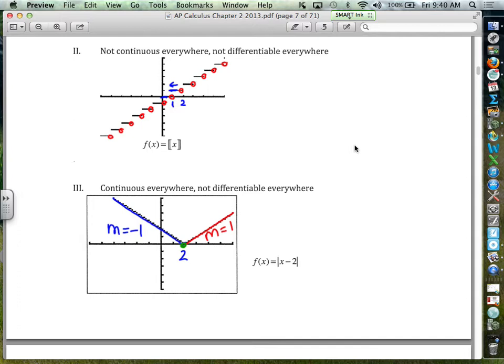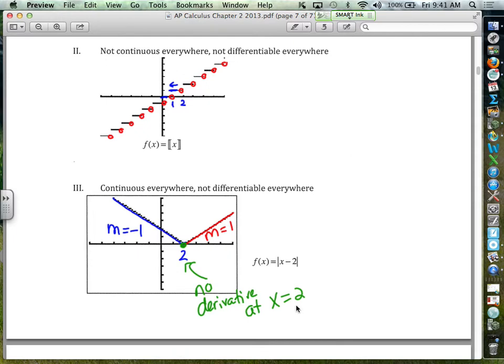It flips immediately from a slope of negative 1 to positive 1. So there is no derivative, or I can't find the slope of the tangent line at x equals 2, because it's not a nice smooth curve there. It flips from one slope to the next slope. So it's not differentiable at 2. It is differentiable anywhere else, though.